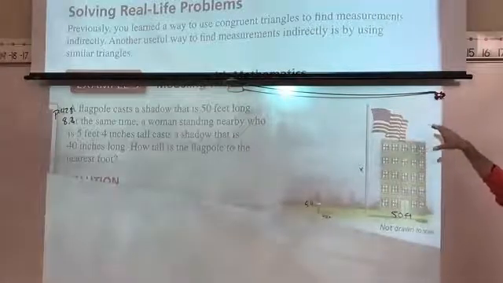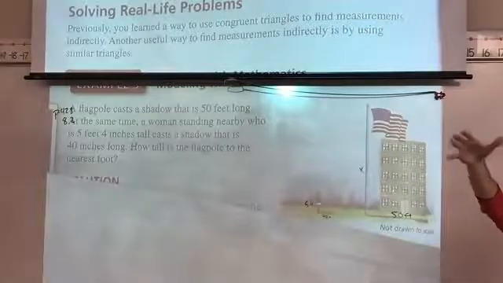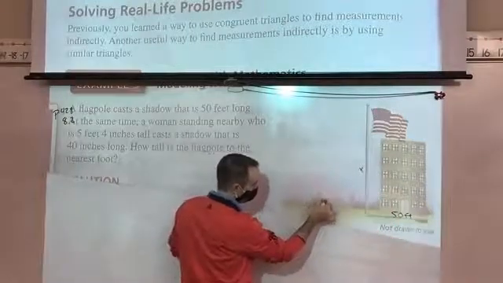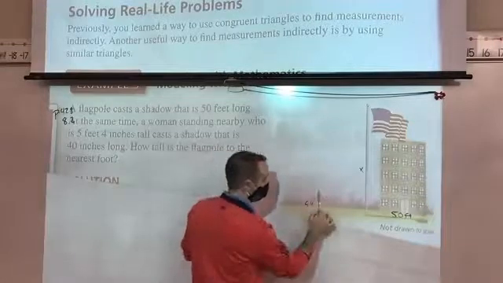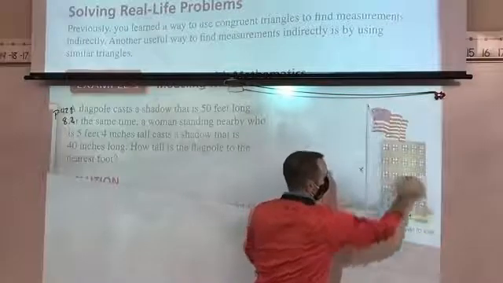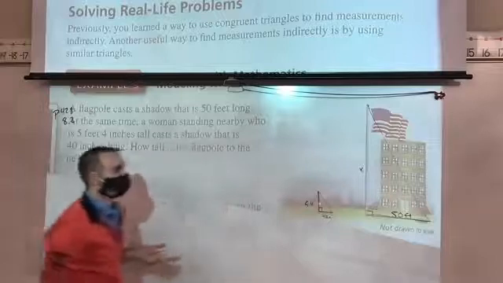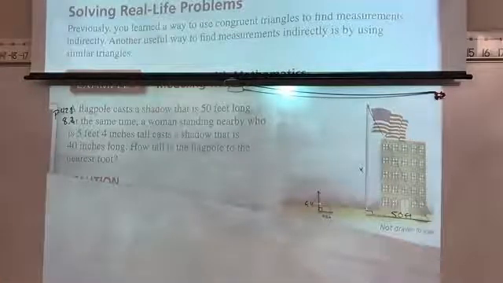Anyway. So the idea behind this, when you're looking at a shadow, it's talking about the sun, and the sun is creating that shadow. So what's happening with the sun's rays to create that shadow is we are creating a triangle. You're creating a triangle with the person and the shadow. Same thing here, you're creating that triangle, and they're gonna be right triangles, because the flagpole is standing straight up, assuming that the woman is standing straight up and not leaning.